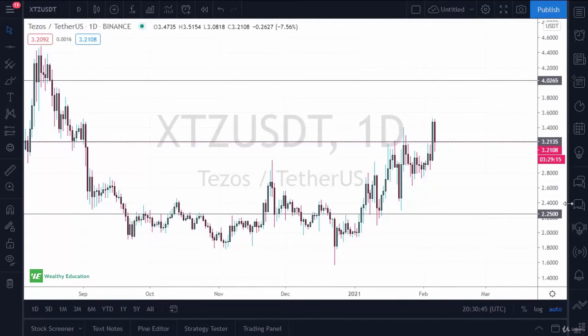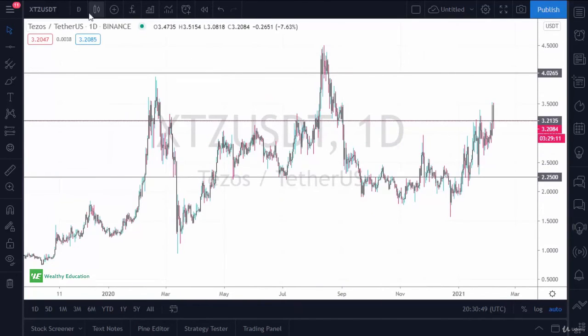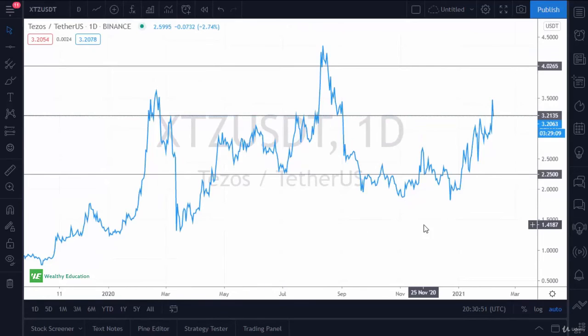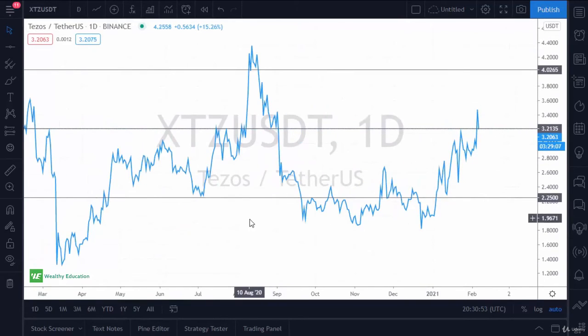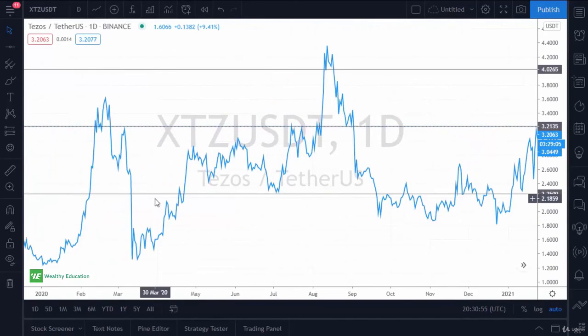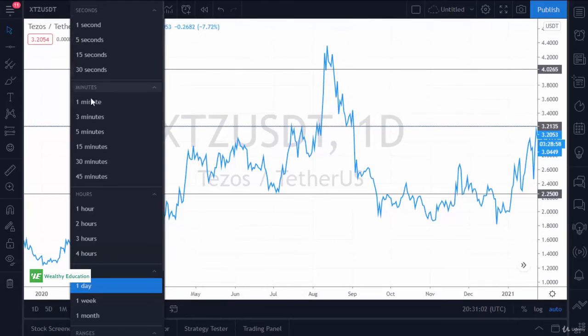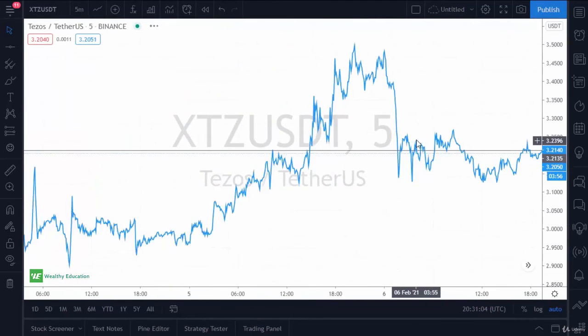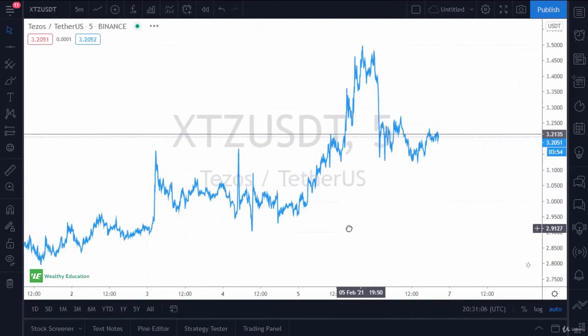And of course, there are multiple ways to go about this. It's almost infinite. But this is going to be the baseline for how you trade. You also would be better served to pay attention to longer term. You can look at a 5-minute chart and try to find support and resistance areas.